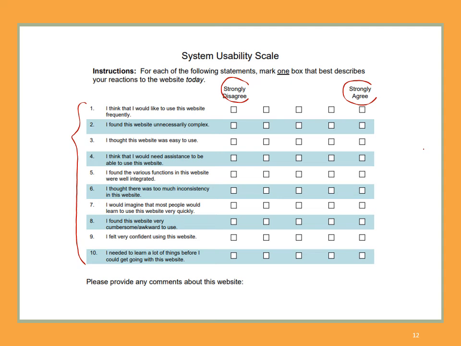Okay, so you can see that the questions are alternately positive and negative. Question number 1 is very positive to the system, thinking that the system is very good, very easy to use, while the second one is a pretty negative question about the system, and then the third one is again positive.